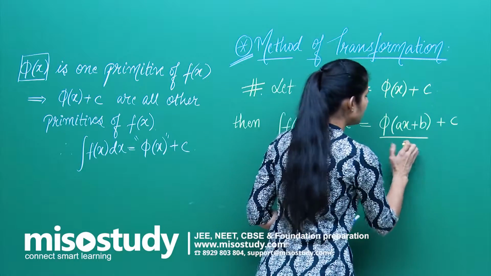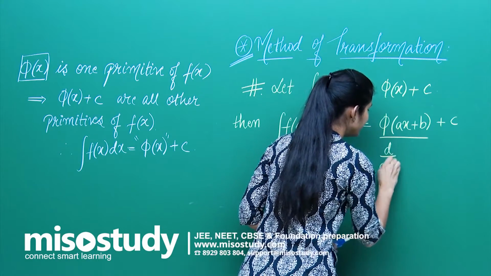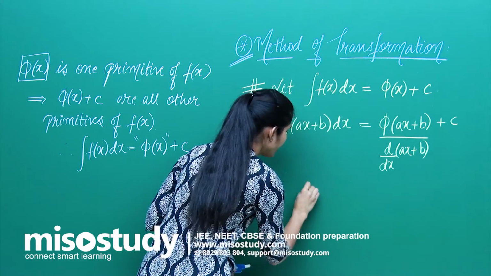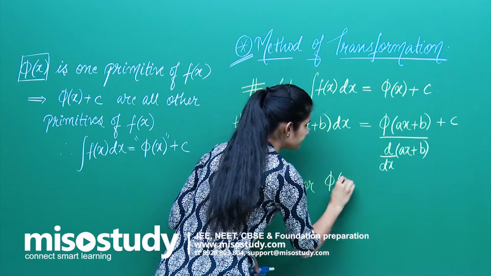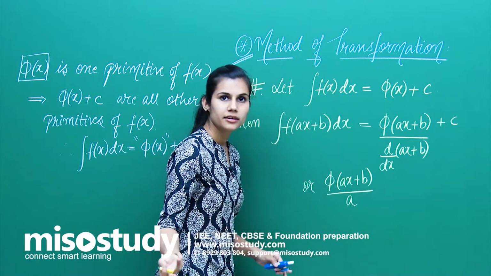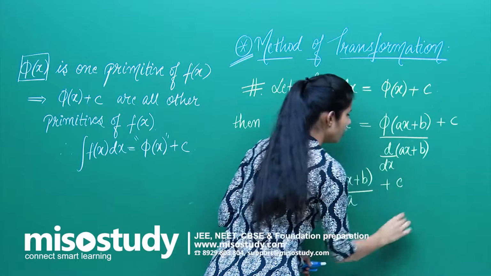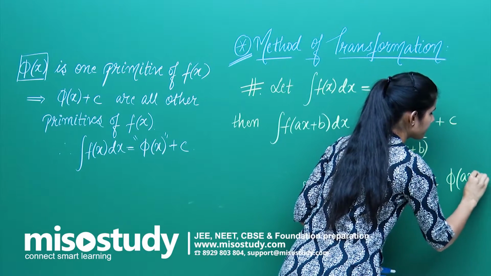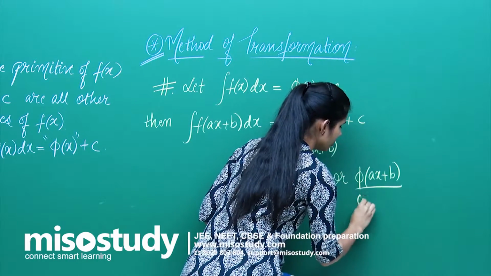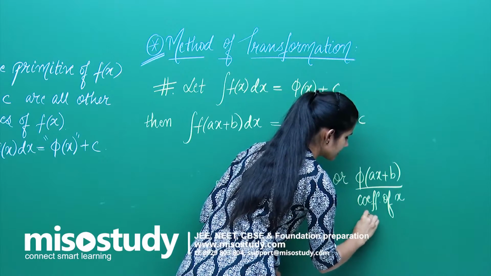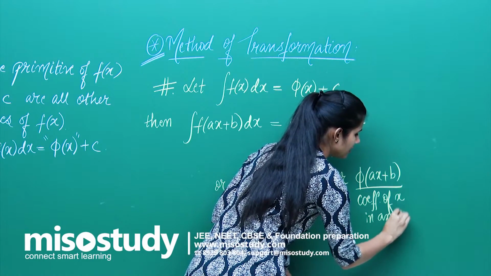So, either divided by d by dx of ax plus b, or I can say divided by a, or divided by the coefficient of x in ax plus b.